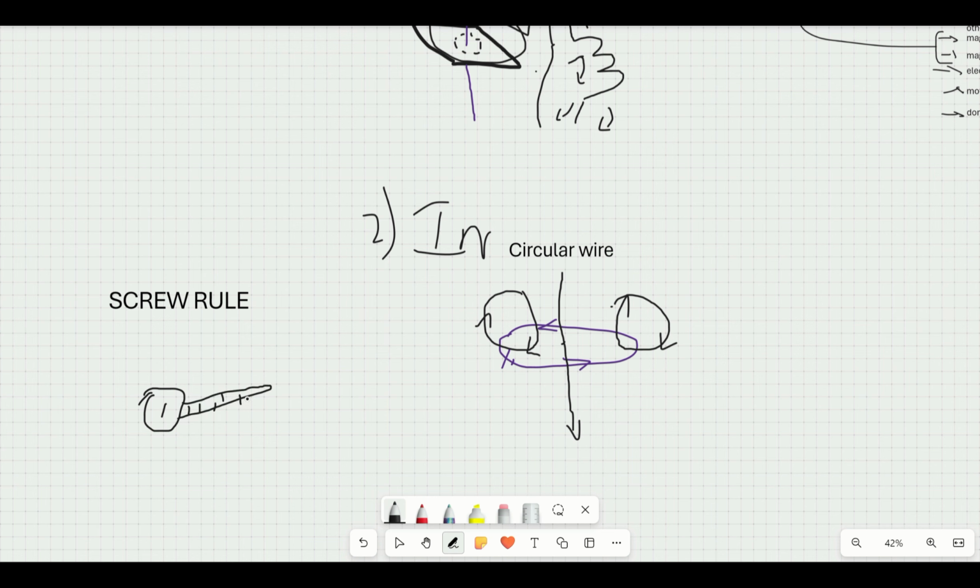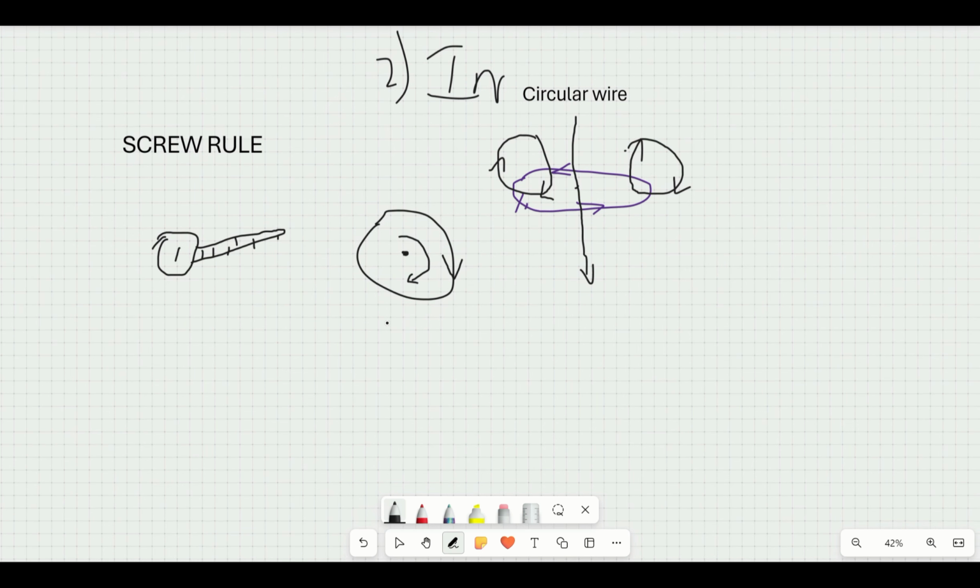So in a circular wire like this, we will place a screw here. We will rotate the screw in the direction of the current. Imagine the current is flowing like this. So we will rotate the screw like this, and everyone knows when a screw is rotated like this, that is clockwise, the screw goes inside.